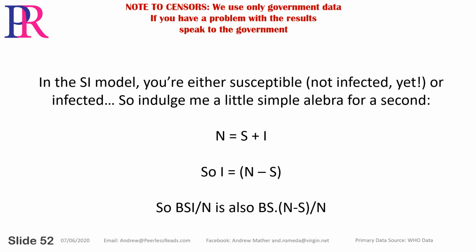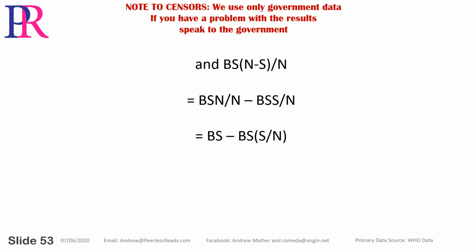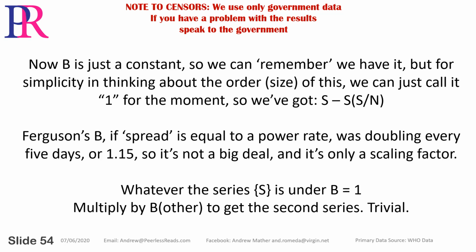So indulge me with a little simple algebra for a second. N equals S plus I, so I equals N minus S, so bSI over N is also bS times (N minus S) over N. And bS(N minus S) over N is bSN over N minus bSS over N, equals bS minus bS times S over N. Now b is just a constant, so we can remember we have it, but for simplicity in thinking about the order or size of this, we can just call it 1 for the moment.